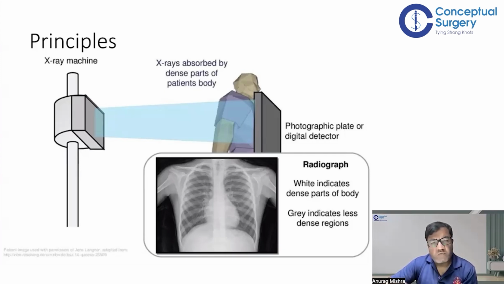The amount of radiation which falls on the film depends on the density or the type of body tissue it passes through.